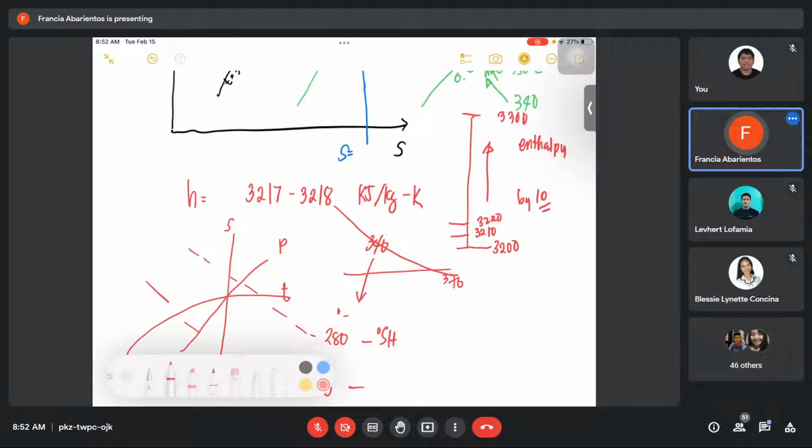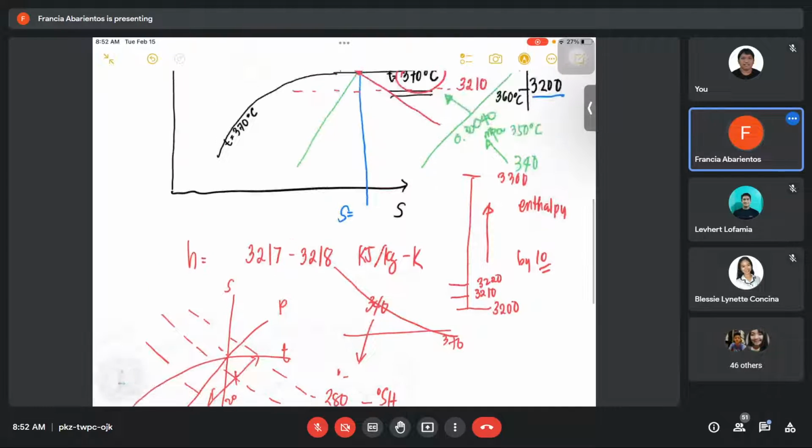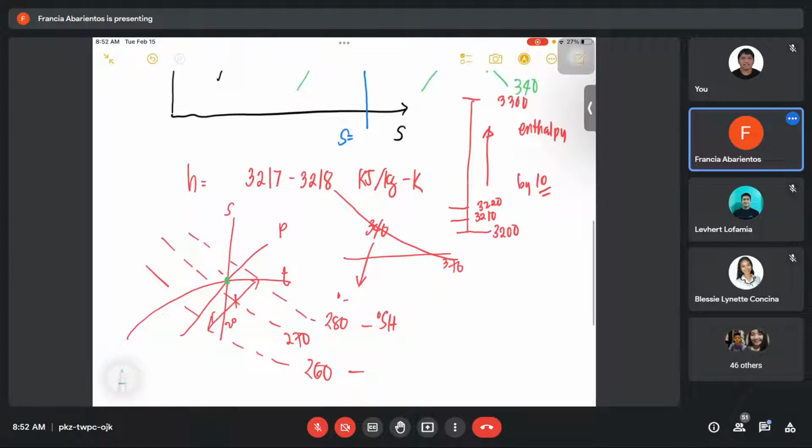When you divide this, class, it would be easier if this were face-to-face, but we will do everything we can. The 270, if you have your ruler, this is 20. Right? So this, class, is 10. So our point falls here, under the degree of superheat of 273 or 274. 274 degree superheat.